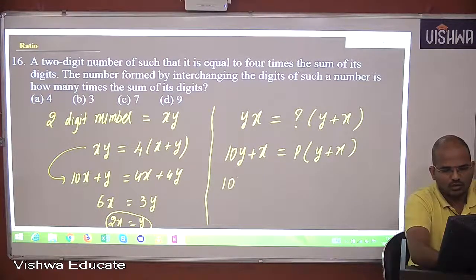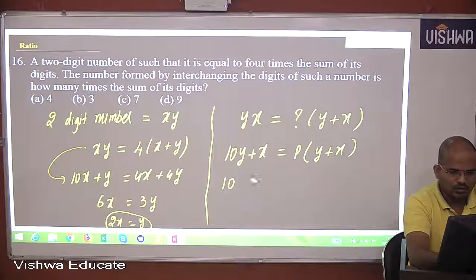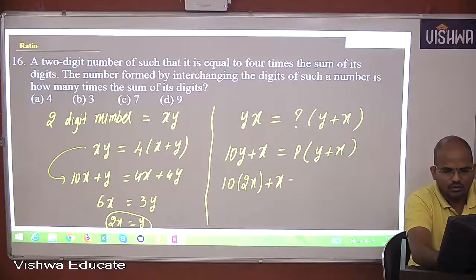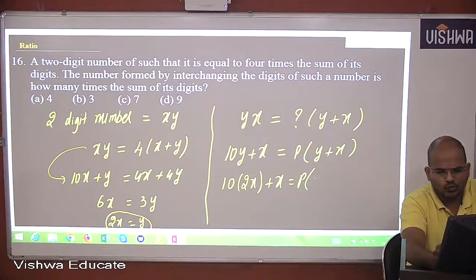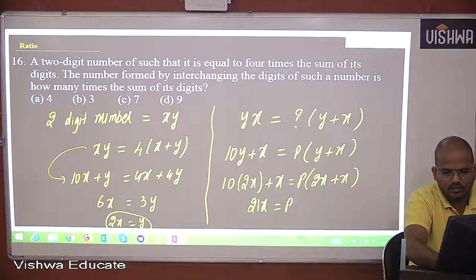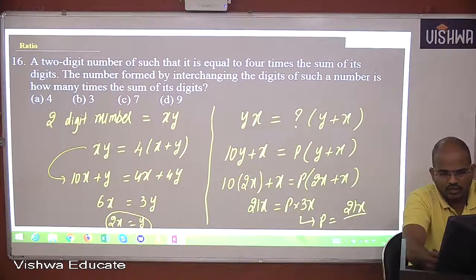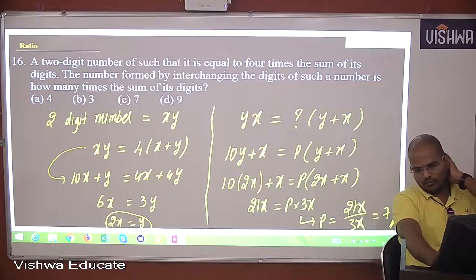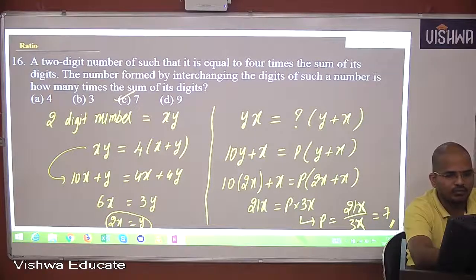So 21x is p into 3x. So p is 21x by 3x. So it means that it is 7 times the sum of digits.